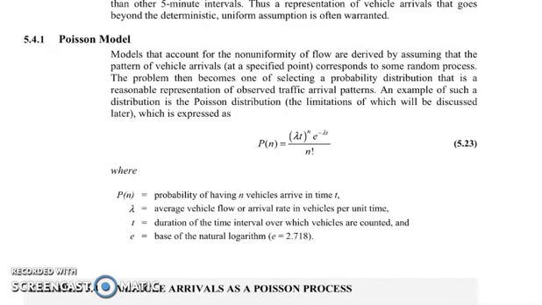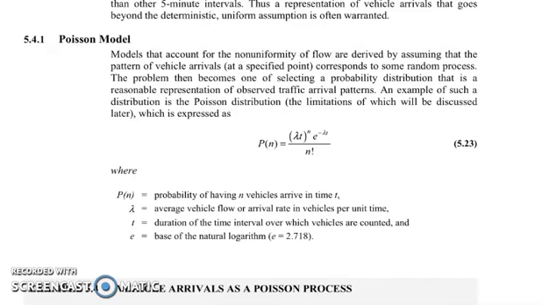For the Poisson distribution, we have this equation. P of n, a function of n, is the probability of having n vehicle arrivals in time t.